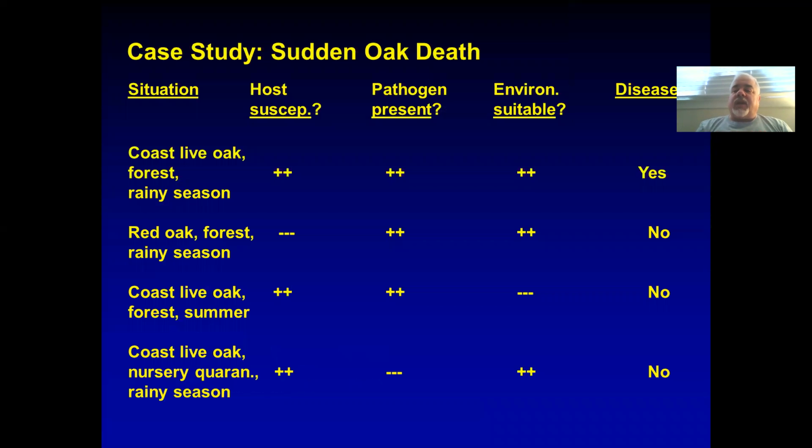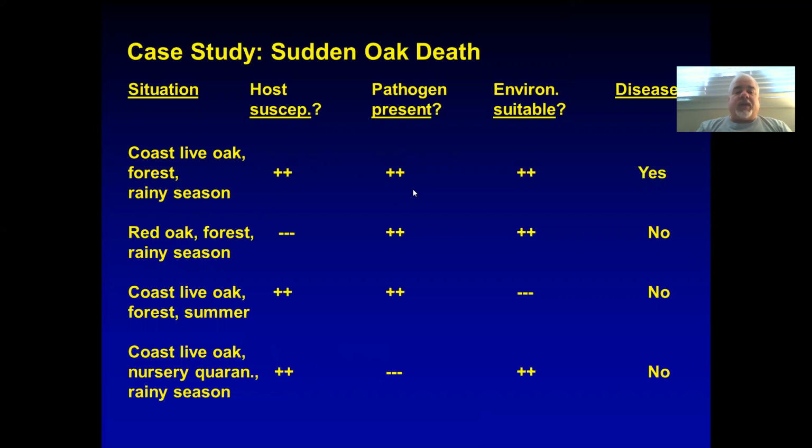So let's look at a case study of sudden oak death using the concepts of the disease triangle. If we have a coast live oak tree in the forest during the rainy season, what do you have? The coast live oak is susceptible. You've got the host, a susceptible host.